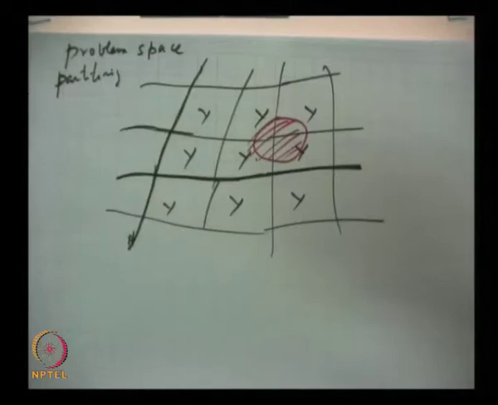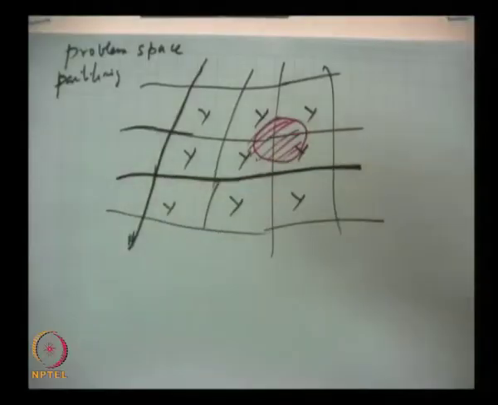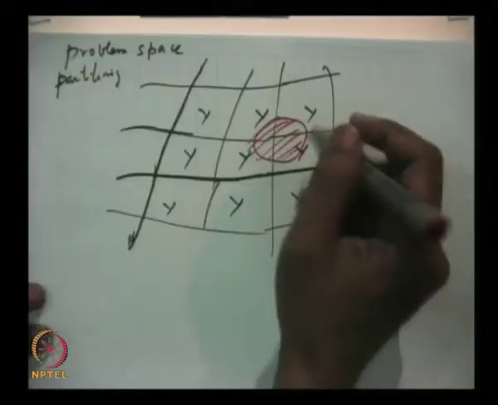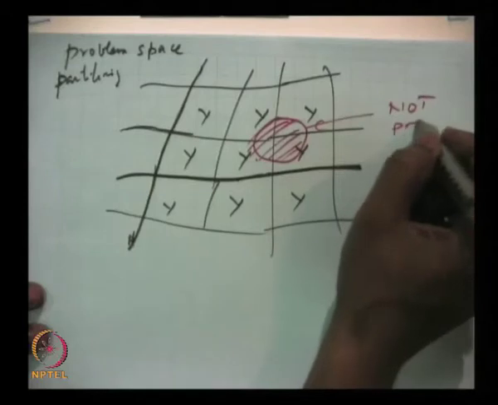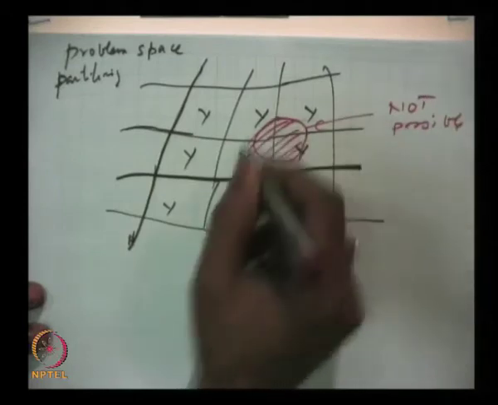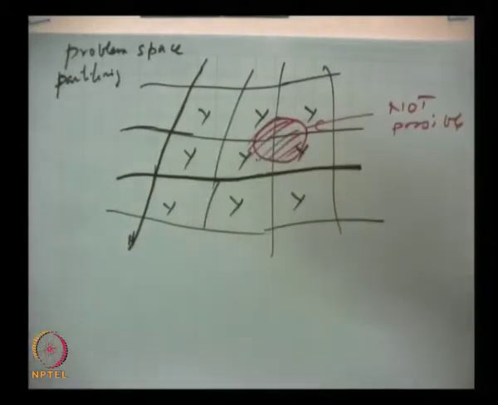Can any single leaf node correspond to this shaded red region? What is the problem? Right. It seems to contain yes points and no points, which is completely ambiguous. So, clearly not permissible, not possible. So, no single leaf node can span across two such regions, right.